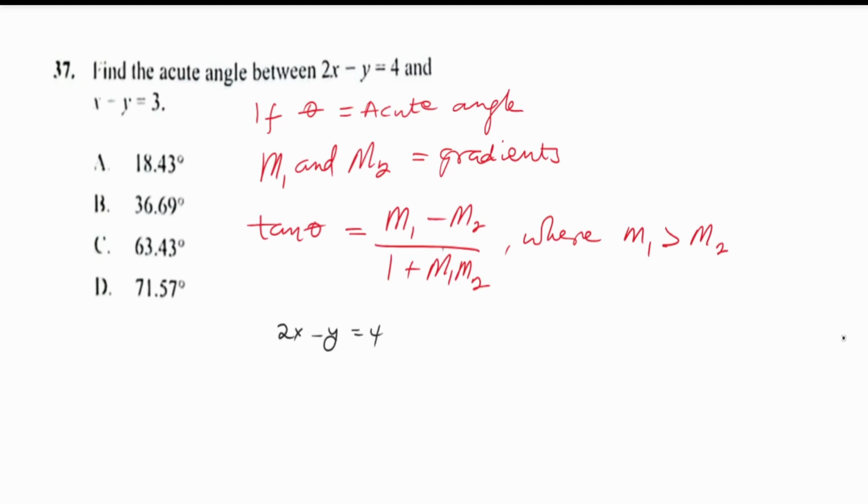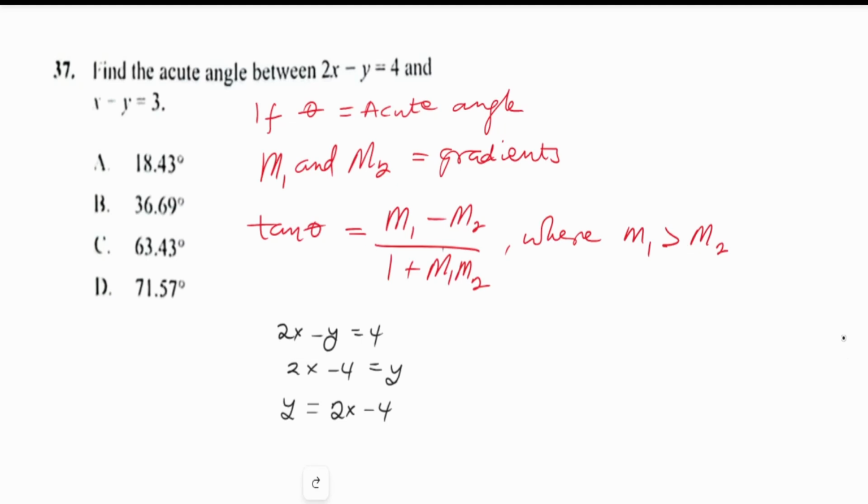And because y is negative, we move it to the right side and move the 4 to the left side. So 2x minus 4 will be equal to y. Then we can rewrite this as y equals 2x minus 4.